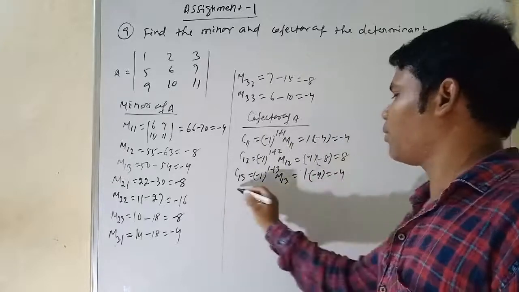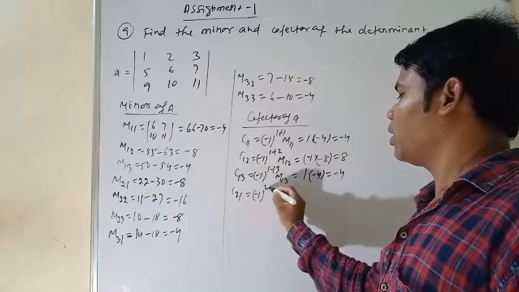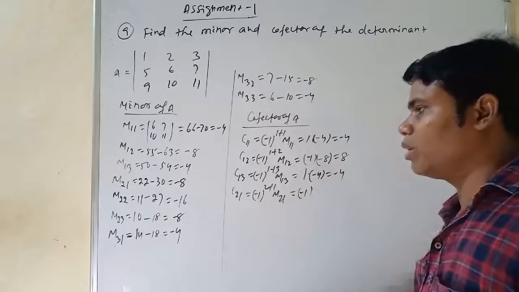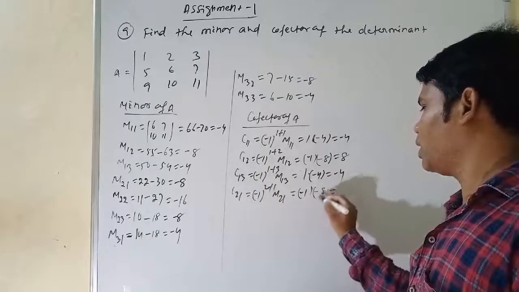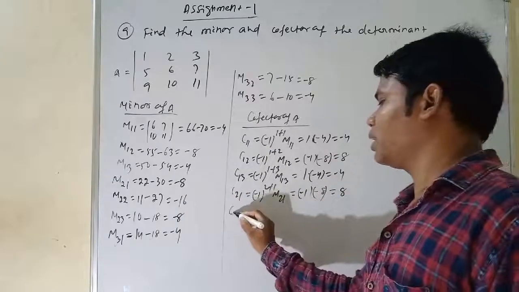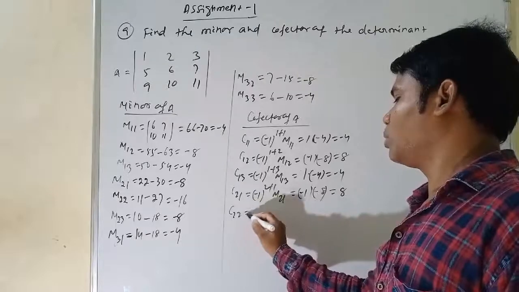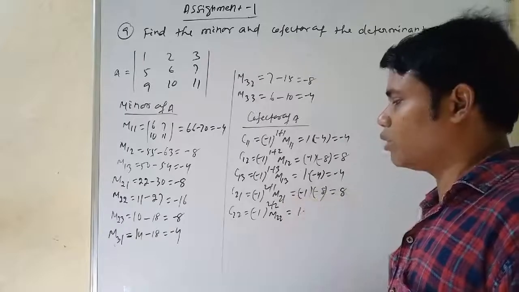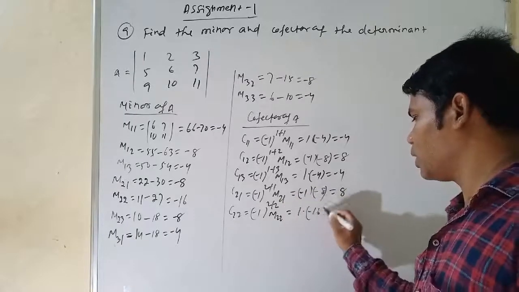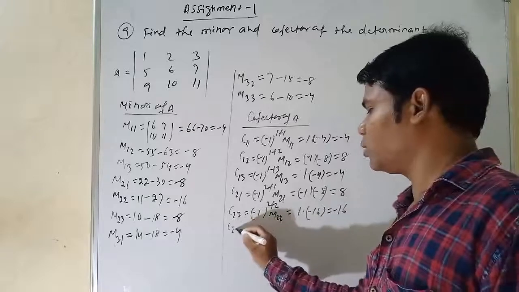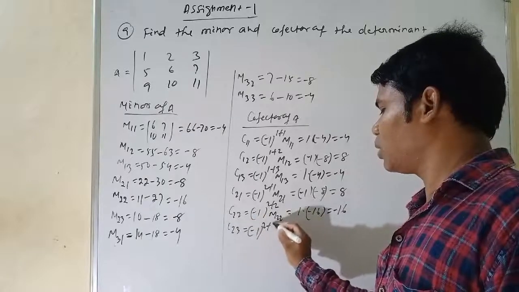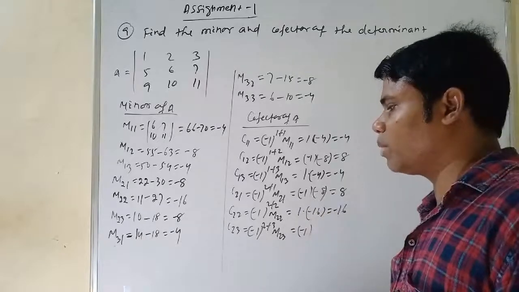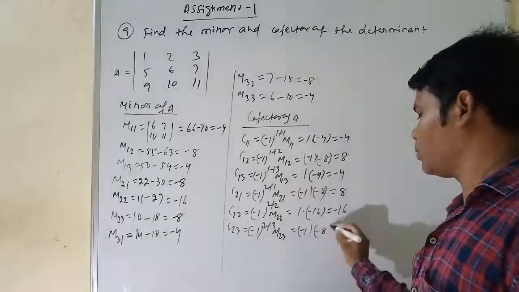C21 is equal to (-1) to the power 2 plus 1, M21, is equal to -1, M21 is equal to -8, so it is 8. C22 is equal to (-1) to the power 2 plus 2, M22, is equal to 1 into M22, is equal to -16. C23, (-1) to the power 2 plus 3, M23, is equal to -1, M23 is equal to -8, so it is 8.